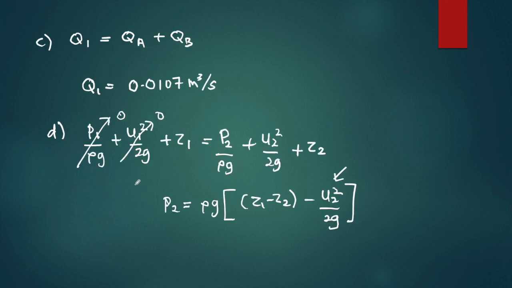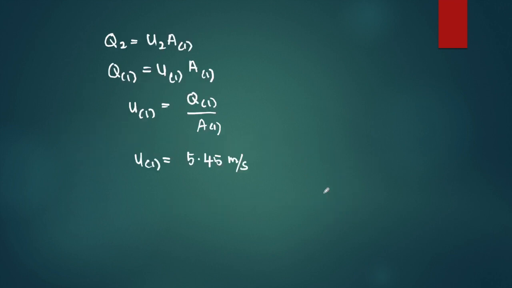Now, in my Bernoulli's equation, U1 is my U2. So I substitute the velocity into this term.